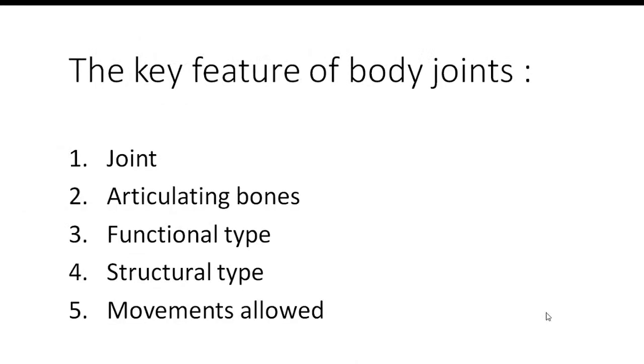The key features of body joints. This is the joint, name of joint, articulating bones, functional type, structural type, and movements allowed.